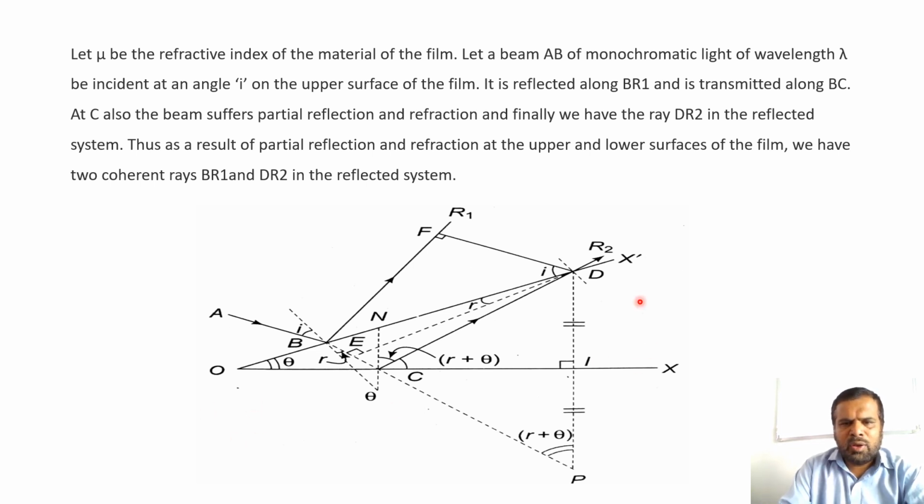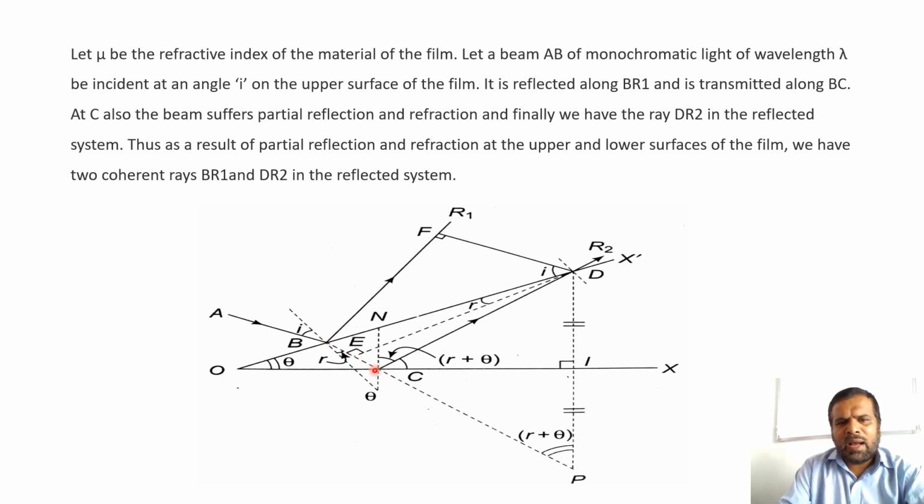Now this is the wedge film or wedge-shaped film. OX is the lower surface of the film and OX dash is the upper surface of the film. Now a ray of monochromatic light of wavelength lambda is incident on the upper surface. AB is the incident ray. At B, it is partially reflected along BR1 and partially refracted along BC.